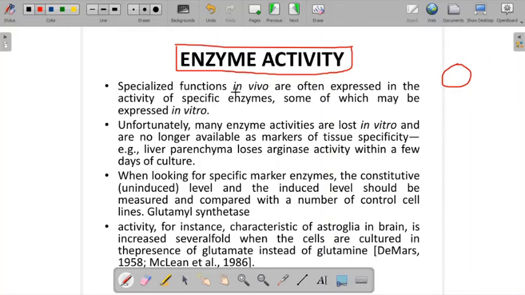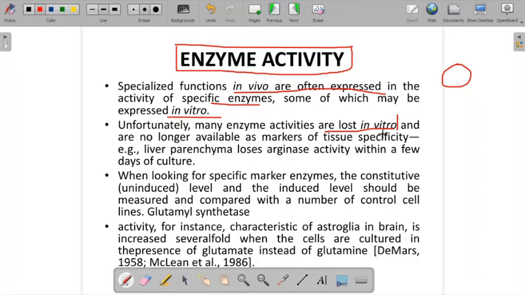The specialized functions in vivo are often expressed in the activity of specific enzymes, some of which may be expressed in vitro also. Unfortunately, many enzyme activities are lost in vitro. Remember, guys, when we culture them in the laboratory, they lose their enzyme activity, or enzyme synthesis, because of environmental impact, coordination with the nervous system, or lack of several receptor molecules from other organs and tissues.